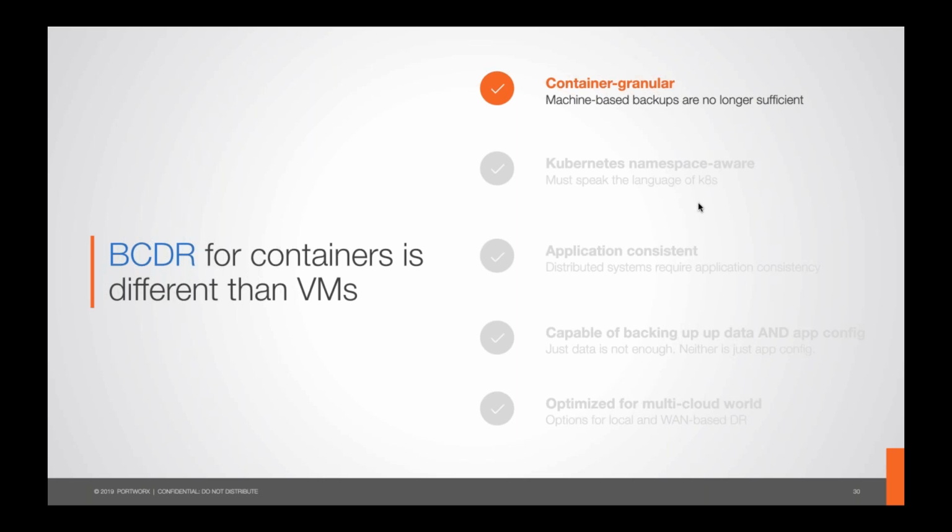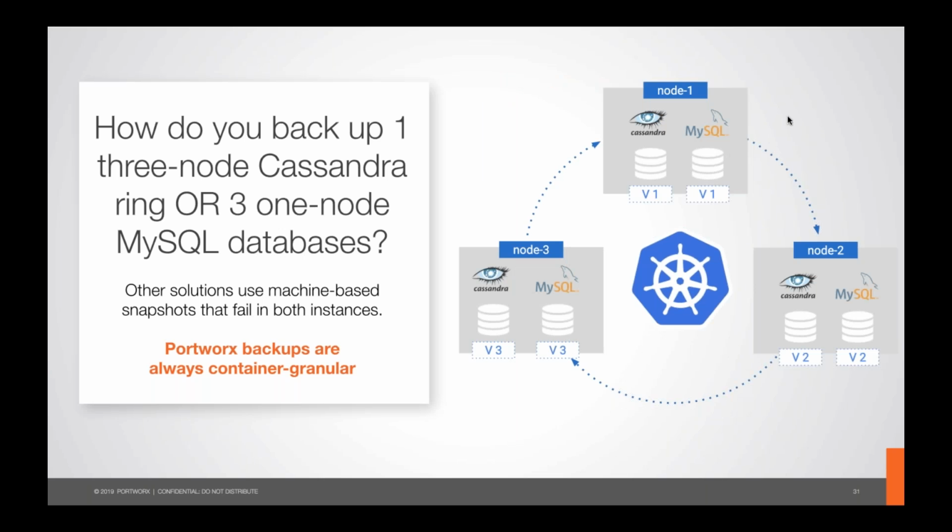The first one is container granularity. Machine-based backups are no longer sufficient for workloads when they're running on Kubernetes. Well, why is that? If you think about a typical Kubernetes cluster, I've got many different pods running in that cluster. And oftentimes, groups of pods go together even though they don't go on the same machine. So here I have an example of a Cassandra database.